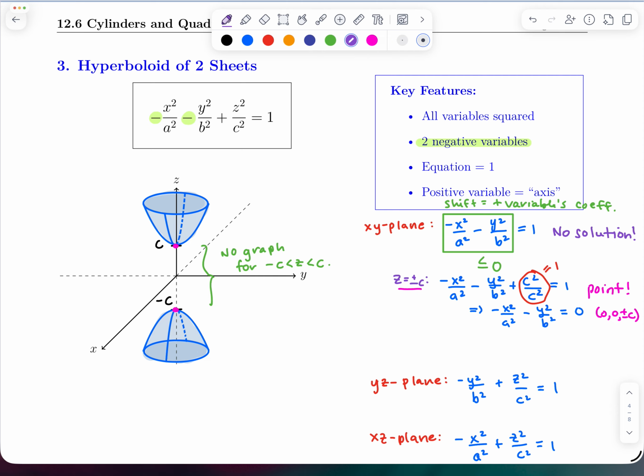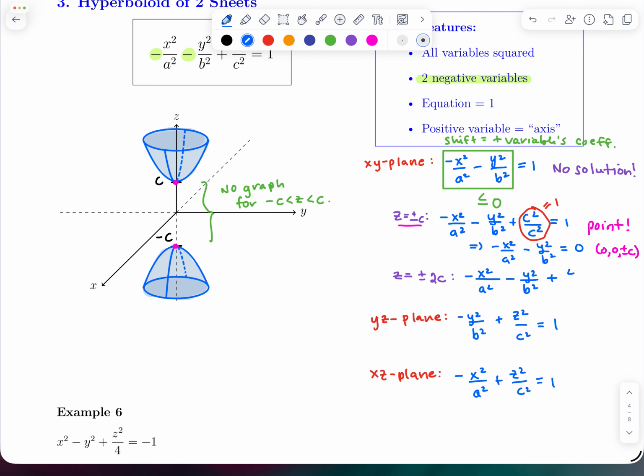Now, I could go higher than that. I could look at, say, z equals plus or minus 2c. And if I do that, what I will end up with is an equation that looks like negative x squared over a squared minus y squared over b squared. And then I'm going to get plus, and I'm subbing in plus or minus 2c for z, so this will end up being plus 4.